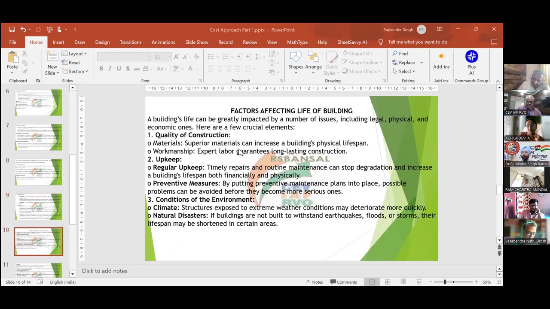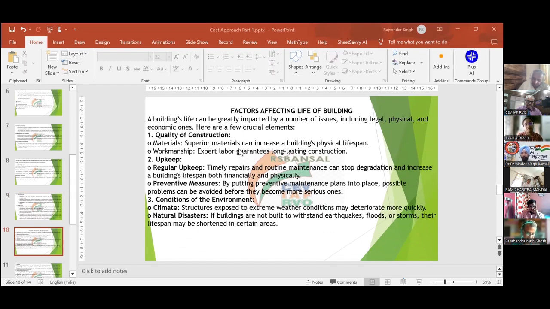Then what are the factors which affect the life of the building? First one is quality of construction. The better the quality of construction, the more will be the life of the structure.